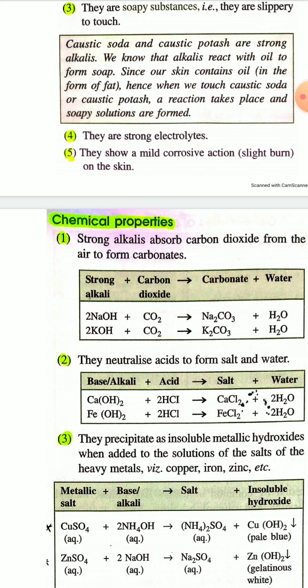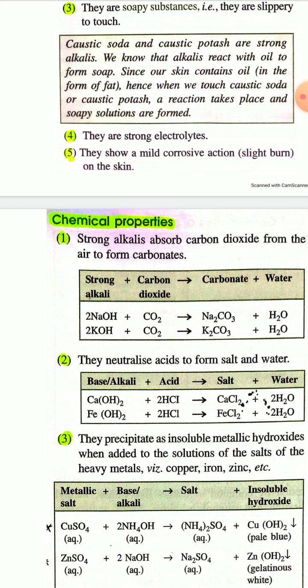And we know that when alkalis react with oil, they form soap. Since our skin contains oil in the form of fat, when we touch caustic soda or caustic potash, a reaction takes place and a soapy solution is formed.